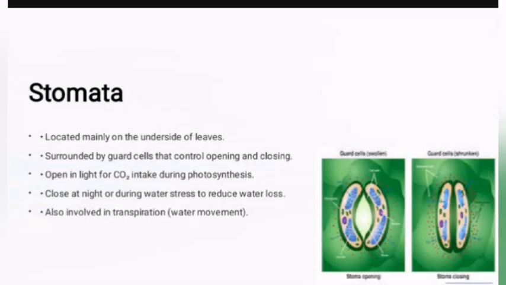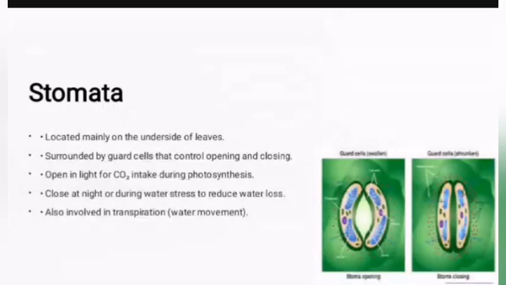Can you see it? Yes, sir. All right. Now, this is the basic structure of the stomata. It is an opening surrounded by two cells called two guard cells. Now, what is the function of these two guard cells?